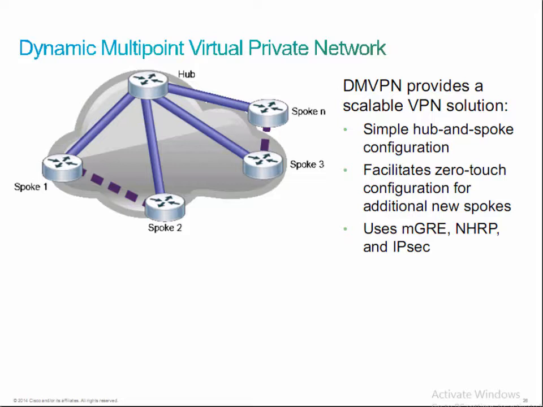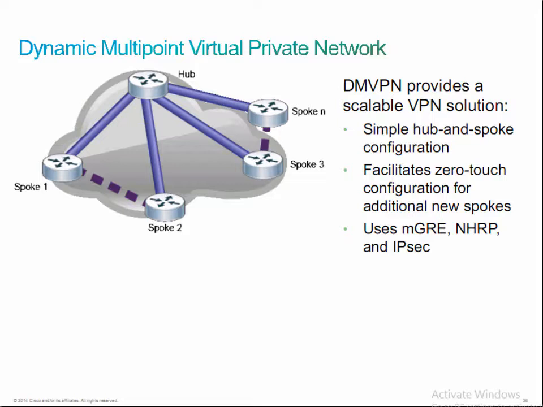But the benefit of a DMVPN is that it provides us the capability for creating a dynamic mesh of VPN endpoints. And the dynamic piece is really the most important piece that we're talking about here. Spokes don't have to be statically configured.